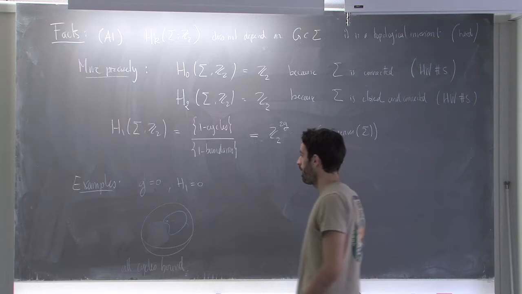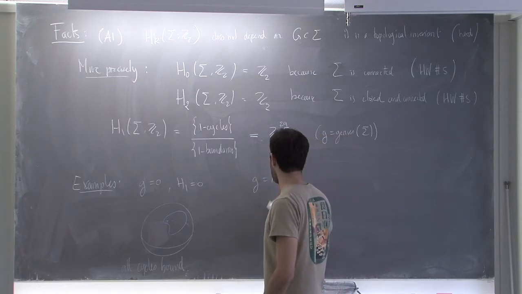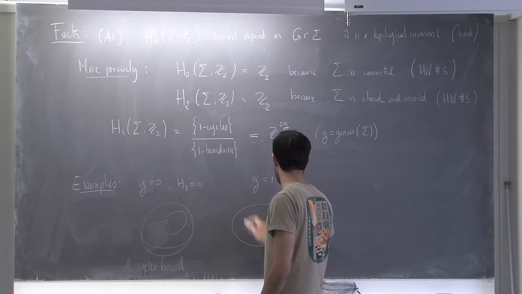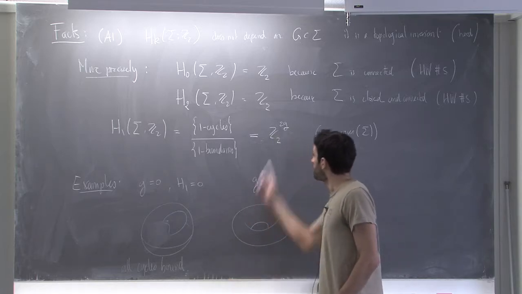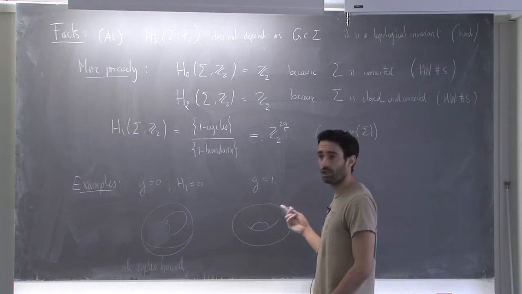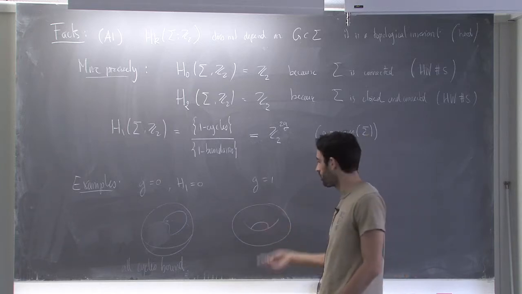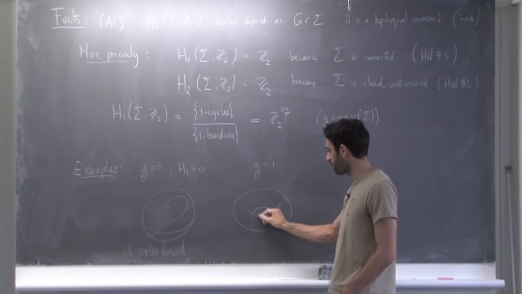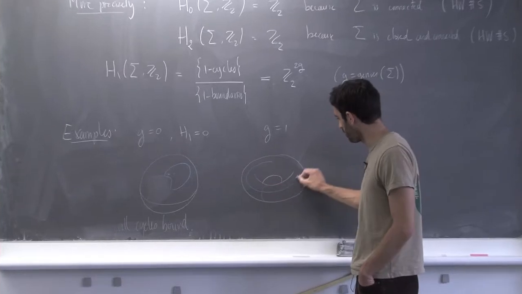Right? And then in the case G equal 1, this statement says that the first homology of the torus is going to be of dimension 2, and you can guess 2 natural generators of the homology.